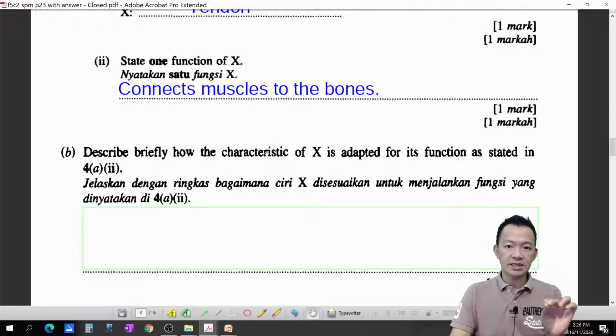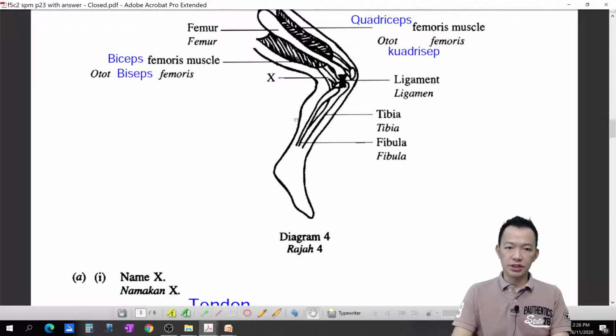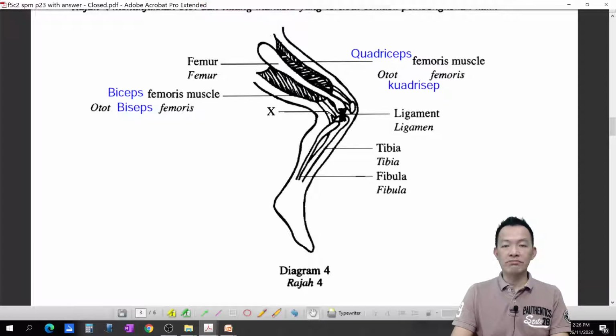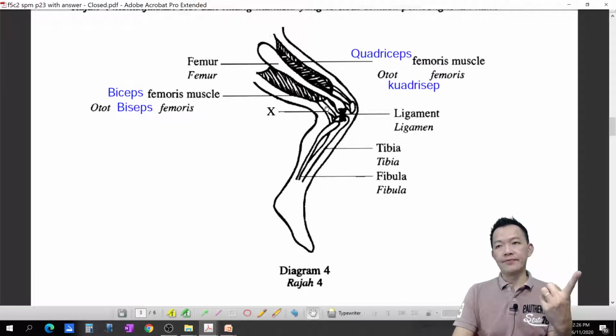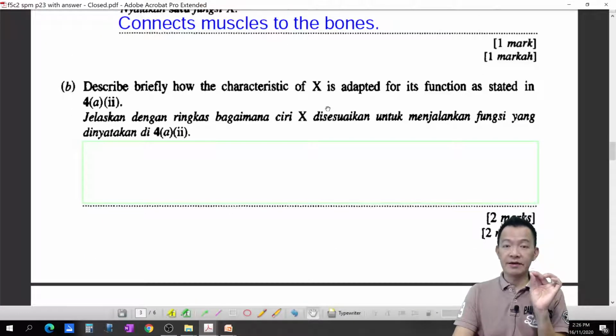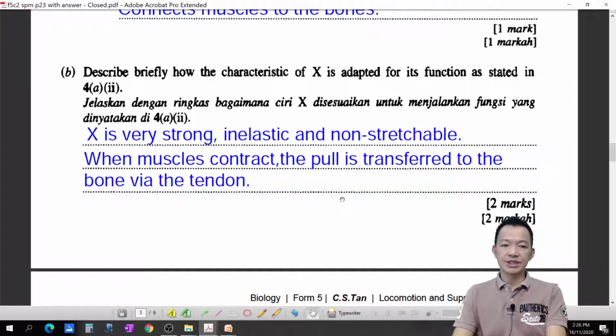So any characteristic of the X for it to carry out its function, 给它进行它的功能. Okay, X number 1, it must be very strong, 对不对? Besides very strong, 还有什么呢? It is inelastic, 完全没有弹性是不是? Inelastic 没有弹性. So any characteristic of the X, 它到底有什么特征呢?